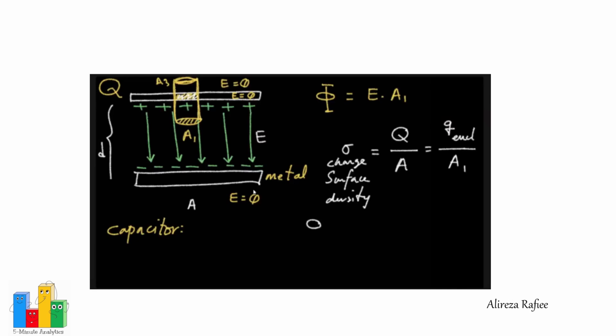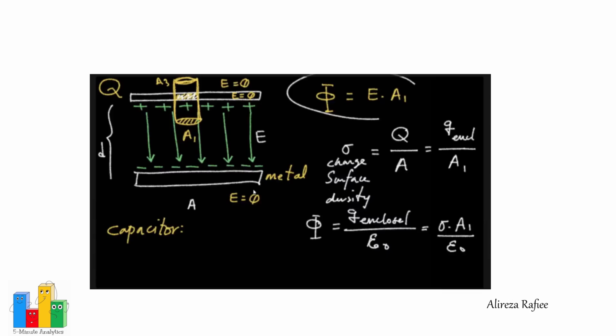So the flux would also be Q enclosed divided by epsilon 0, where I can replace this charge enclosed by sigma times A1, and then the flux would be divided by epsilon 0.